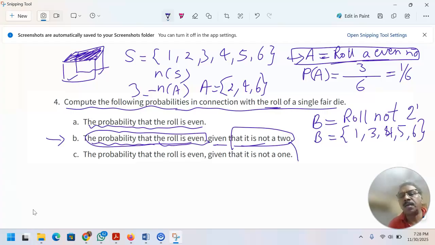Now, by the conditional probability formula, the probability of A given B has occurred.